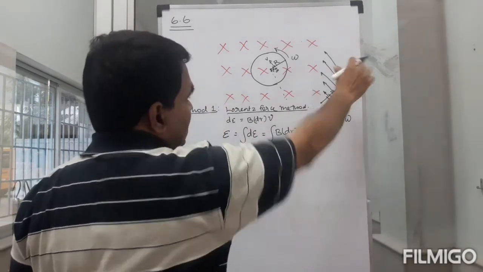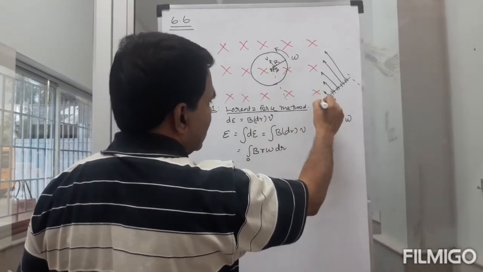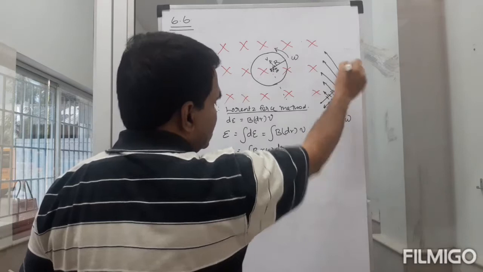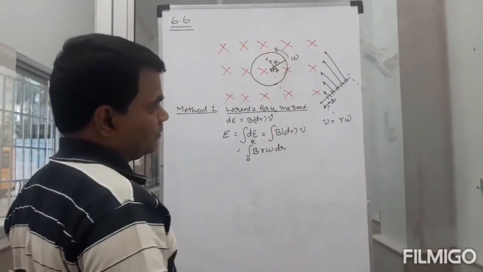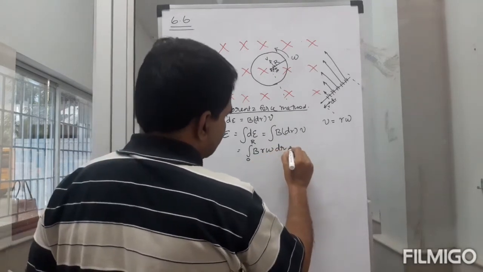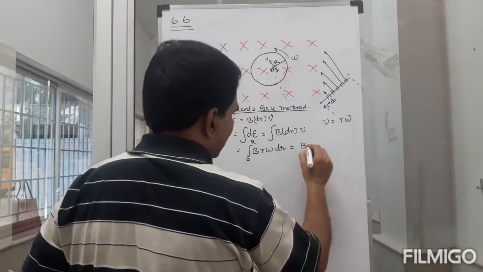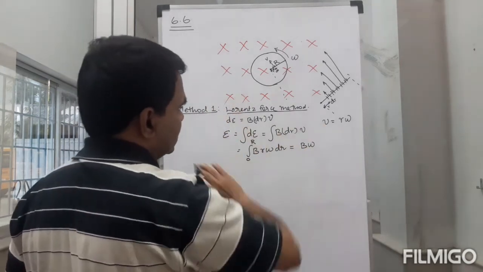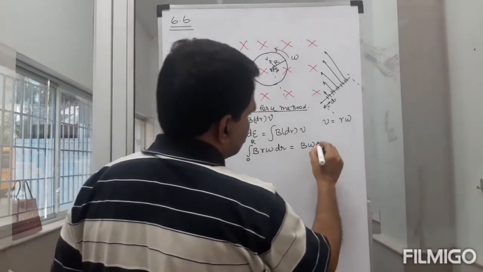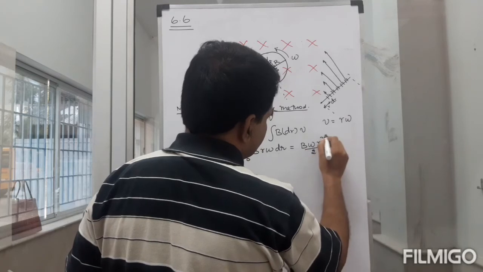And where will it start and where will it end? It will start from 0, from the very center, and r will vary from 0 to the radius. If I integrate this, B is a constant and omega, the angular velocity, is also a constant, and r into dr gives r squared by 2.